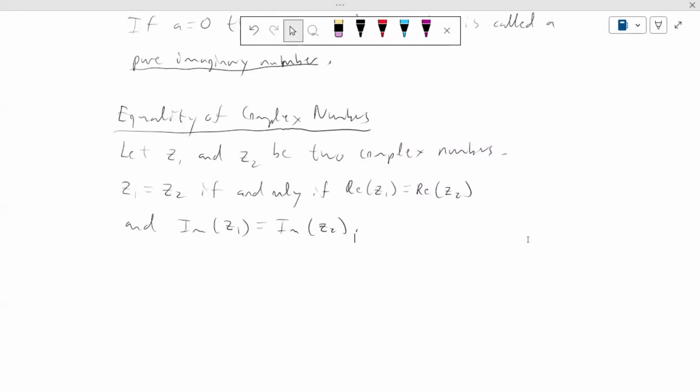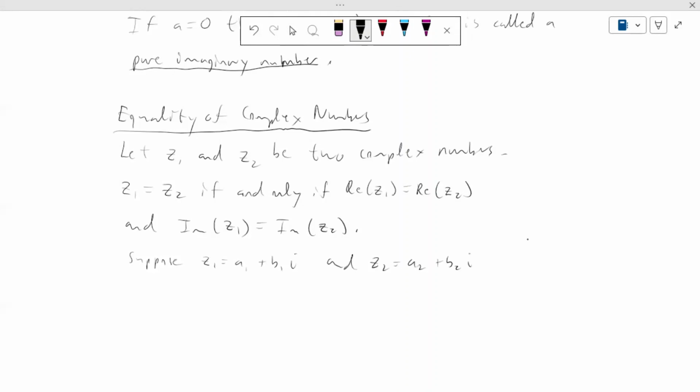So that's the only way that two complex numbers can be equal to each other. Their real parts have to be the same, and their imaginary parts have to be the same. I can rephrase it in terms of standard form. Suppose Z1 is A1 plus B1i, and Z2 equals A2 plus B2i.